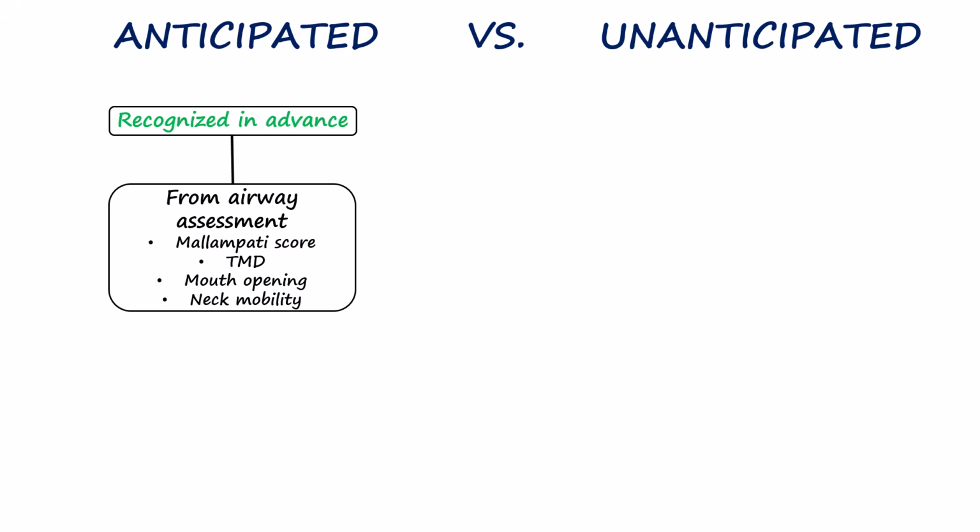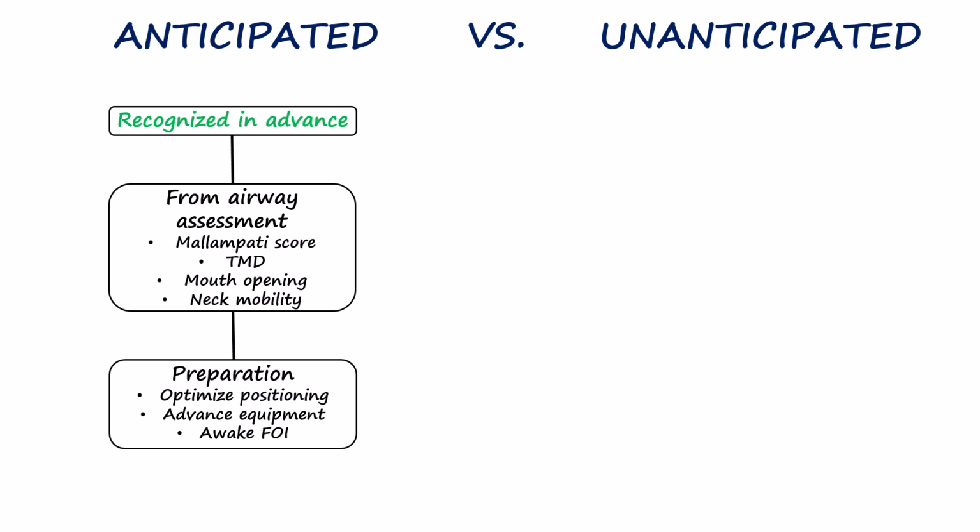There are two main situations in which a difficult airway may occur. These are anticipated and unanticipated airway difficulty. An anticipated difficult airway is recognized before induction through assessment of factors such as Mallampati score, thyromental distance, mouth opening, and neck mobility, allowing the anesthesiologist to prepare with optimized positioning, advanced devices, additional help, or even awake fiberoptic intubation.